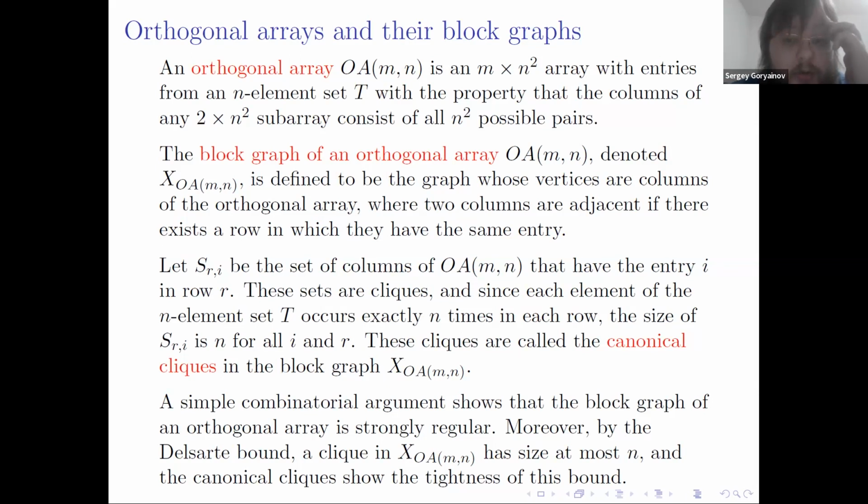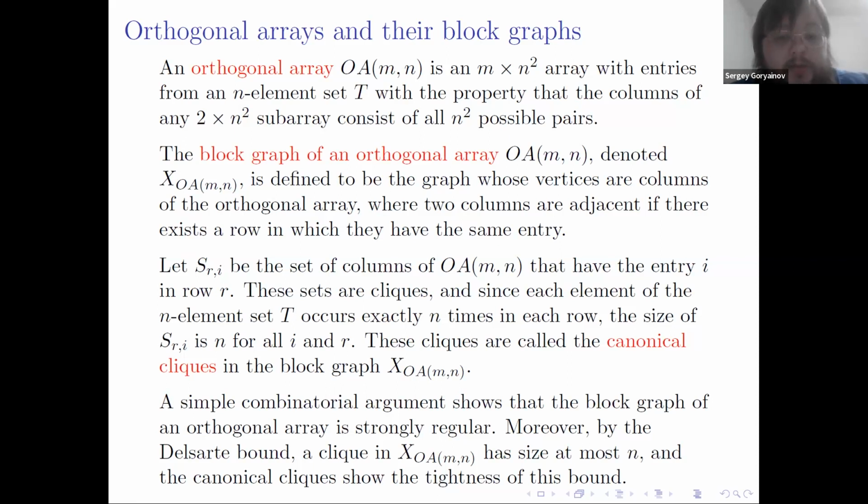These cliques are called the canonical cliques in the block graph X_OA(m,n). So for the notion of intersecting, we use the property for two columns to share some symbol in some row. So it's quite natural.